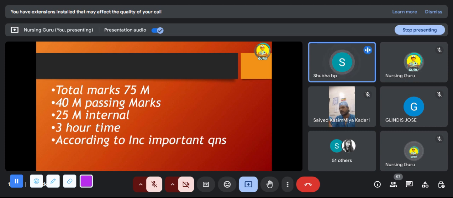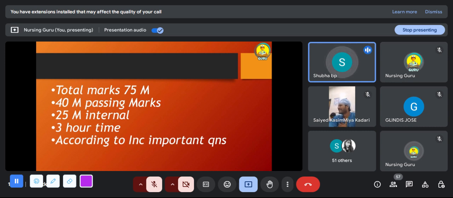If you want to obtain the passing marks, then you should score 40 marks out of 75. So keep in your mind, for passing you need to obtain 40 marks from 75 marks, and 25 marks will be internal marks. Okay, it will be given by the college. It will consider your attendance and everything. They will give 25 marks from the college side.